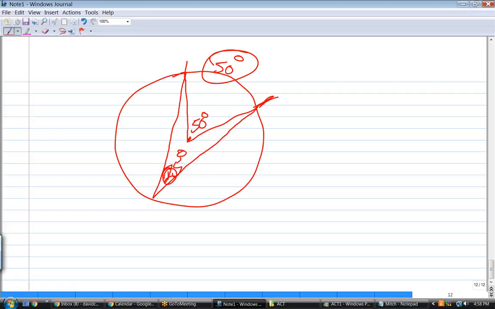Okay, so when you start from the middle, it's the same. When you start from somewhere on the circumference, whatever is subtended, in other words, this outside angle here subtends this arc, and this angle is always half of that.